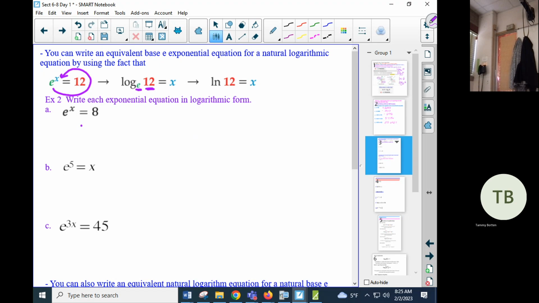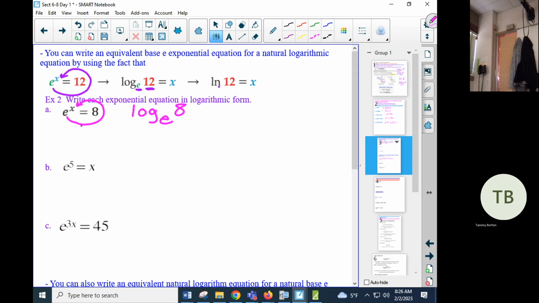Once you get that done, log base e is the same thing as natural log, so you can just replace log base e with natural log. So I'll show you how I would do this. So again, log, if you think of that log loop, the e comes first, that's your base.